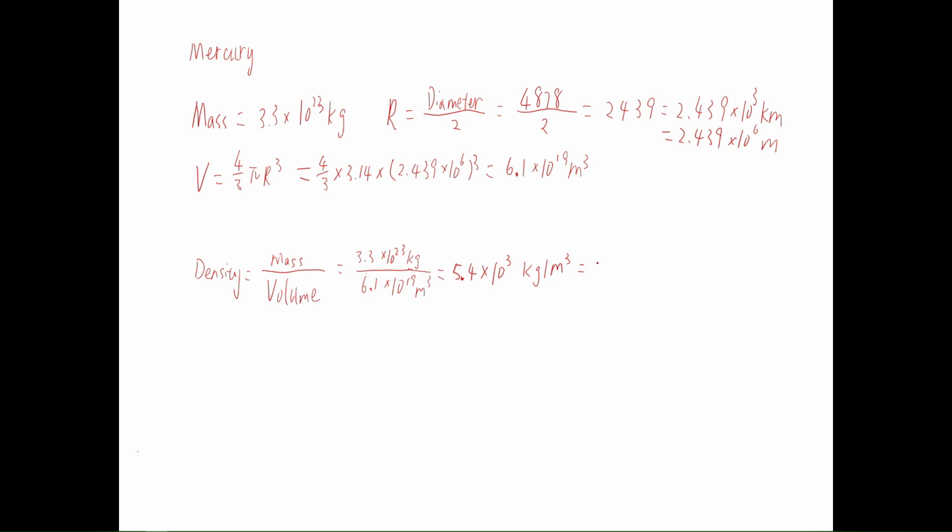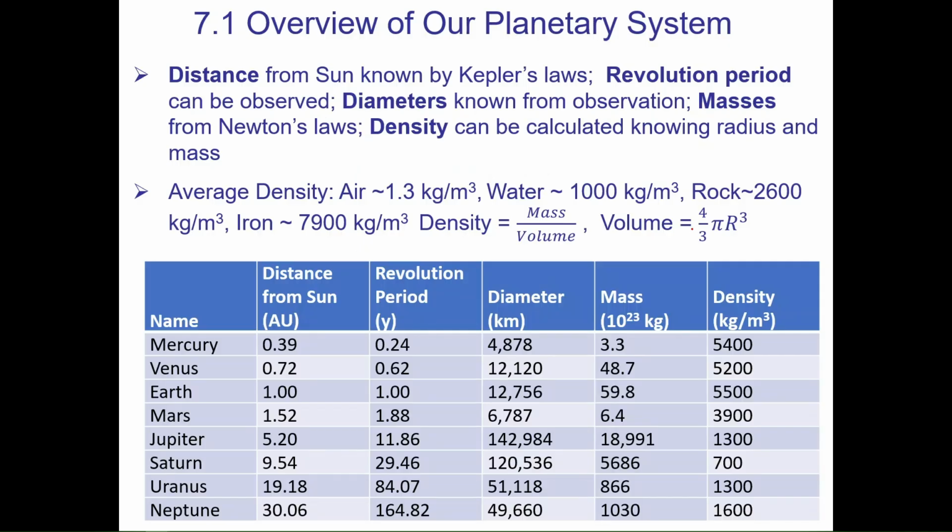Not in scientific notation, it's about 5,400 kilograms per meter cubed. So that is how we calculate density, by knowing the mass and the radius of the planet. If you look at the previous slides, it exactly matches what we had for the density of Mercury.